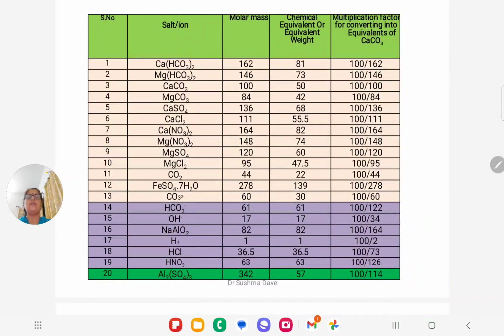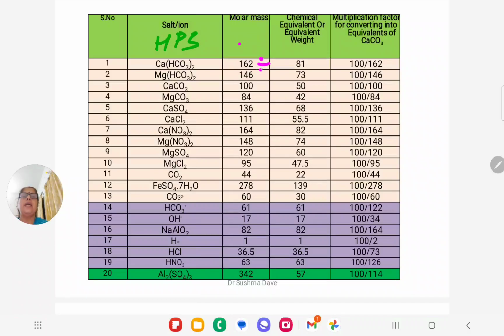We will derive one table. This table constitutes all types of hardness producing substances. The 4 steps to calculate the multiplication factor: the first step is molar mass.